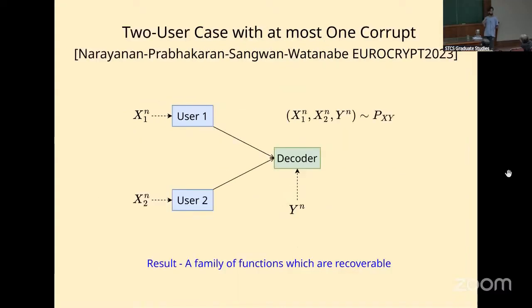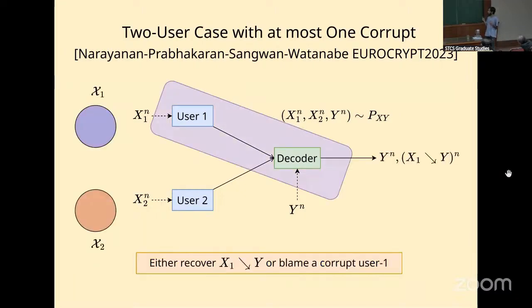Now let us look at a two-user case. And Narayanan, Prabhakaran, Sangwan, and Watanabe in Eurocrypt 2023 gave a family of functions which are recoverable, and a scheme for that. To understand this scenario, let us just look at the simple experiment again, where out of the two users, there is only one party who is corrupt.